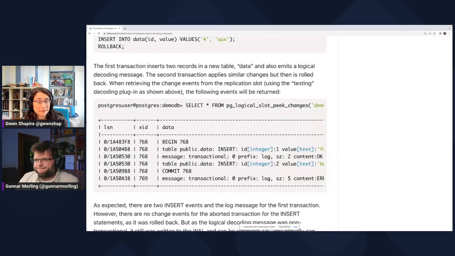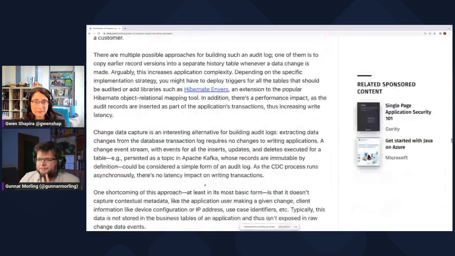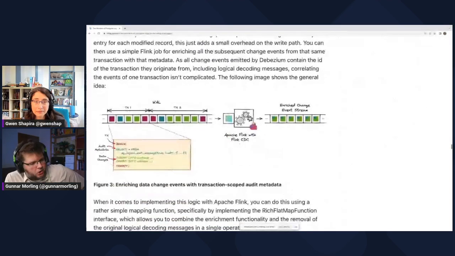Right. And then the last one, which I describe in this article, is audit logs. And now for audit logs, what's the story there? Oftentimes you want to keep track of what happened to your data, right? So how did it change? And CDC, change data capture, tells you about what did change, right?